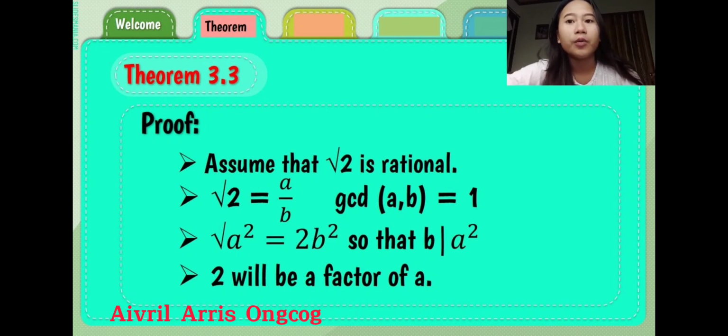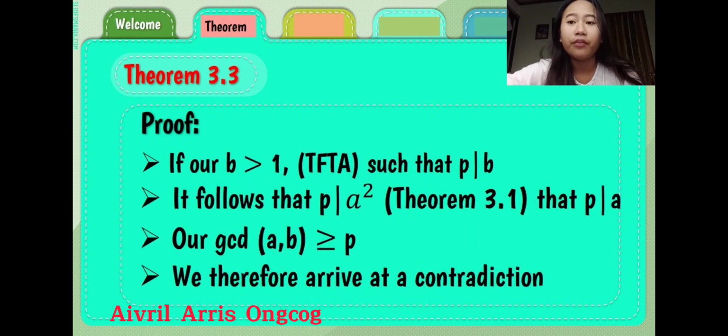So we have a squared equals 2b squared, so that b divides a squared, and therefore 2 will be a factor of a. Next, if our b is greater than 1, then the fundamental theorem of arithmetic guarantees the existence of a prime p such that p divides b.